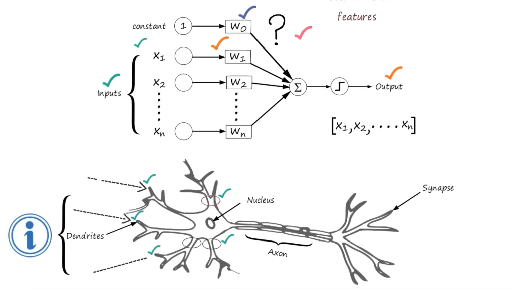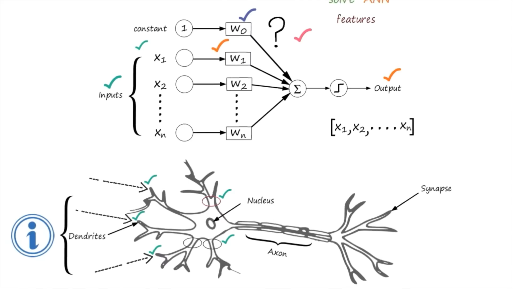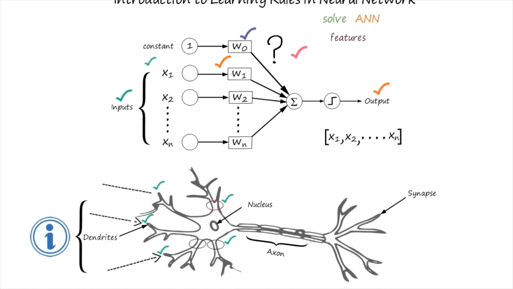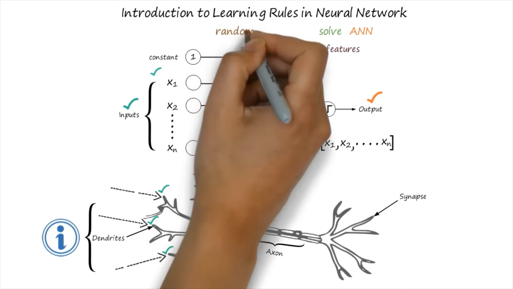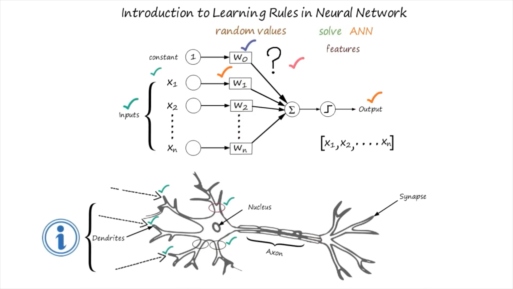So here you have to make a note that each input value is associated with a weight. So how will they work? The important fact is that initially we have to pass some random values, meaning we programmatically generate some random values and pass those random values to each and every node.